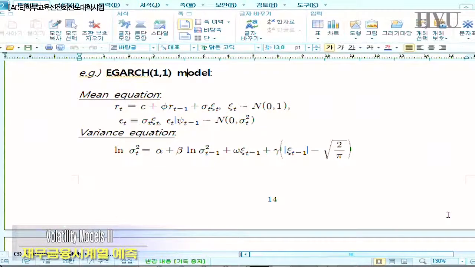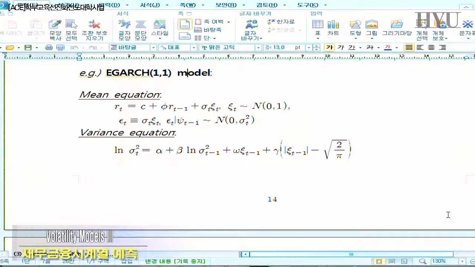And the second one, this model also looks at the magnitude of shock. So what is this number? Square root 2 over pi. Well, square root 2 over pi is the theoretical expected value of the absolute value of a standard normal random variable.